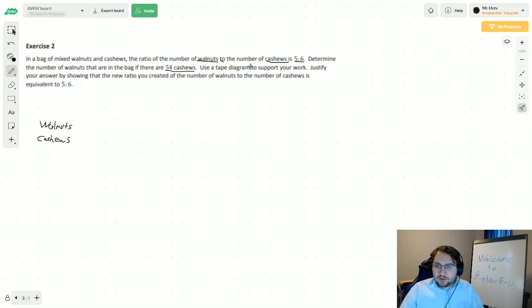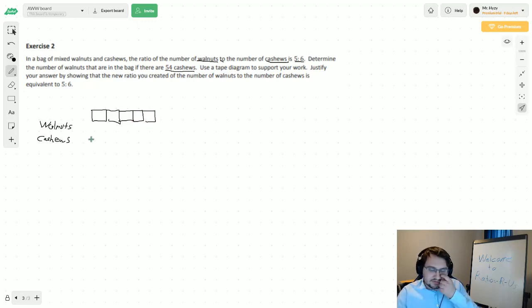So from walnuts to cashews is 5 to 6. So walnuts, I'm going to write these bigger because that's a little bit too small to write numbers in. 1, 2, 3, 4, 5.